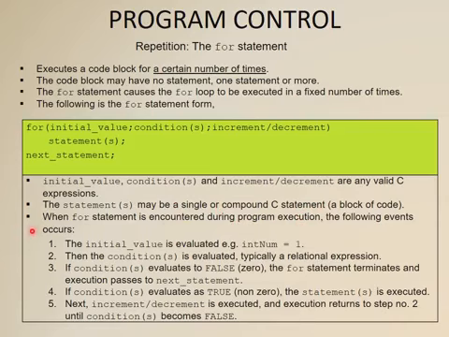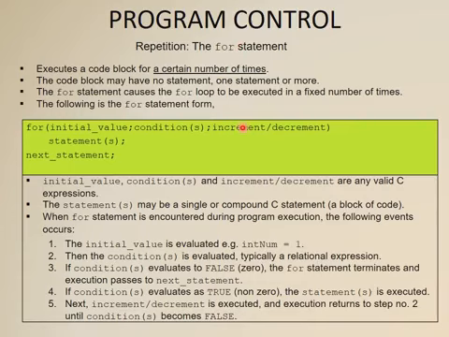When the for statement is encountered during program execution, the execution flow starts. First, the initial value will be evaluated, for example, integer number equals 1. Then the condition will be evaluated. Typically, it will be a relational expression, and depending on it, the value will be either true or false. If it is false, the for loop will be terminated and execution will go to the next statement. If the condition is true, the statements in the loop will be executed. After the execution of the statements, it will go to the increment or decrement.